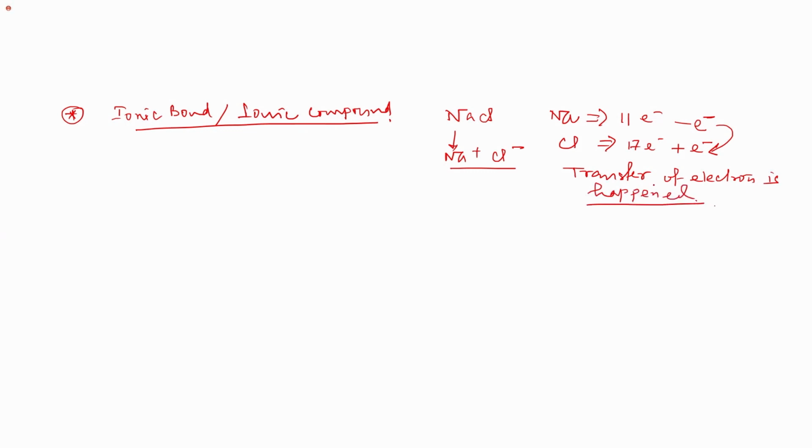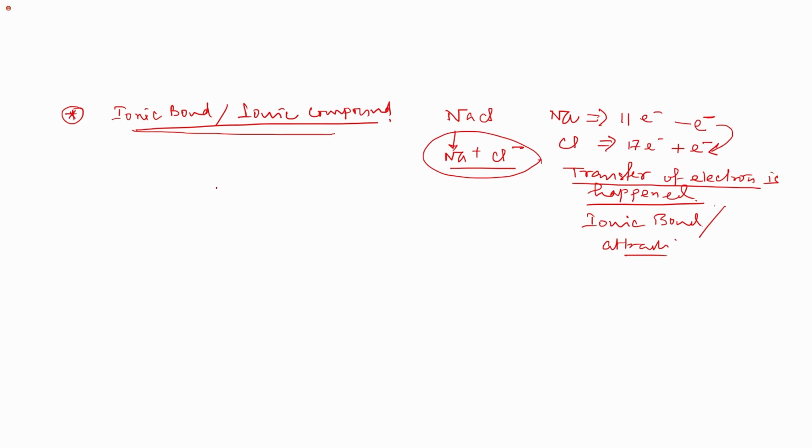So when this transfer of electrons has happened, they are forming this ionic bond, or we can say an attractive force is there. So in this Kossel and Lewis approach, how is NaCl actually forming?